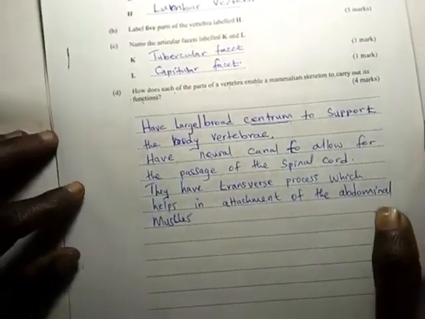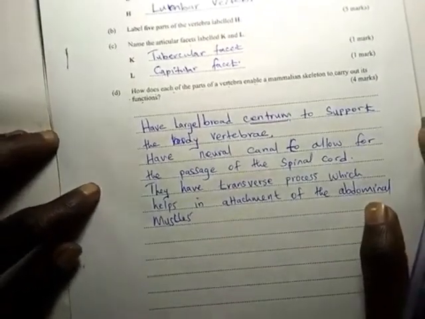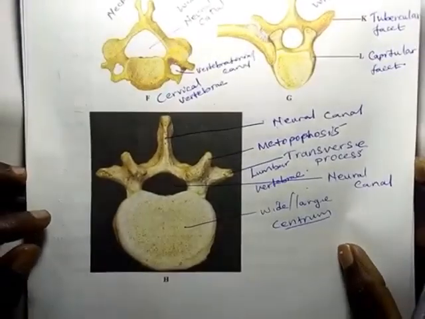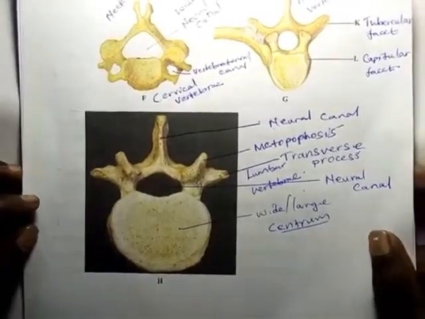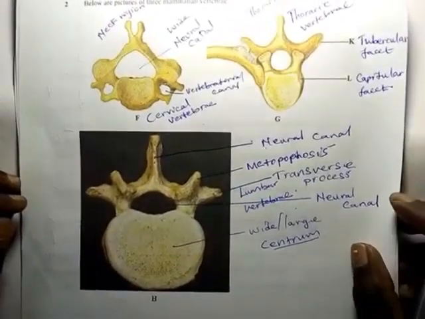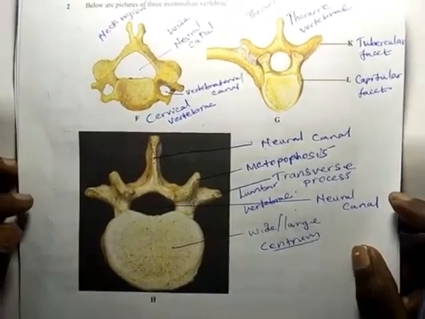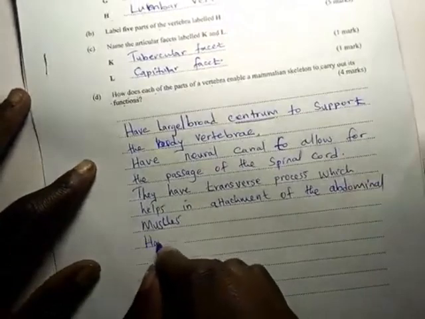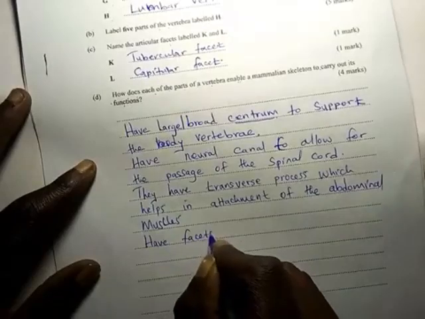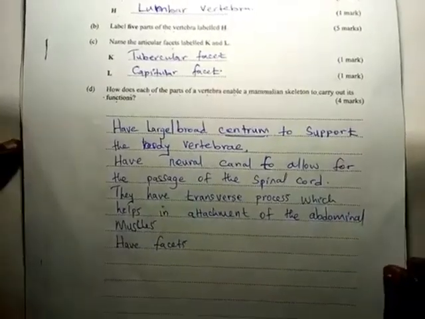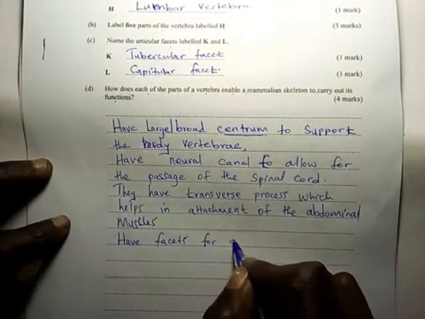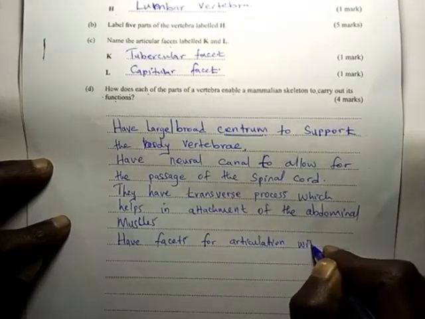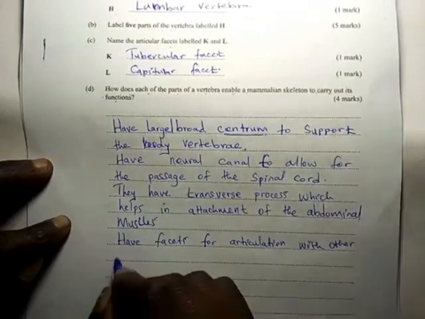A learner should notice that any projection in any body offers a surface for muscle attachment. Now you see that they have facets for articulation with other vertebrae.